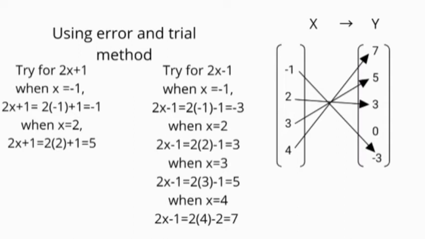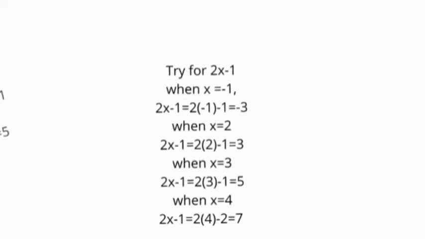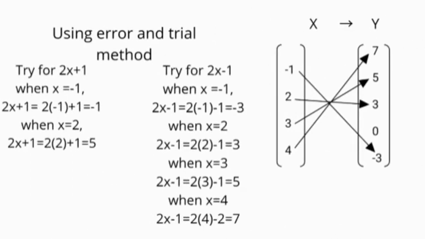When x is equal to -1, 2x - 1 is equal to 2(-1) - 1, which is equal to -3, which is correct. In the diagram, -1 is mapped onto -3, so this equation is actually correct.